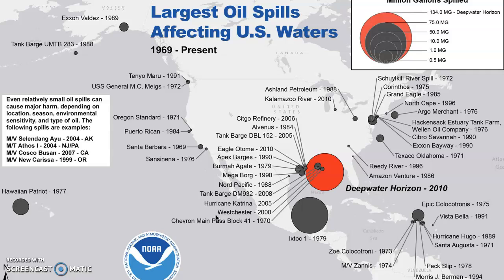This is a graph of the largest oil spills which affected U.S. waters. You can see that the Deepwater Horizon is the biggest that has ever occurred in the United States. The Ixtoc is the next biggest, which was anywhere from 50 million gallons of oil released to 75 million.